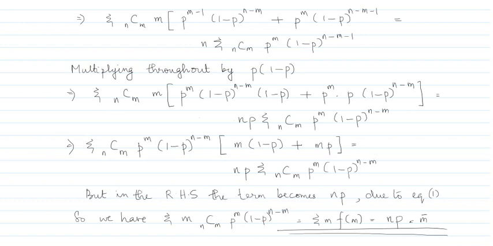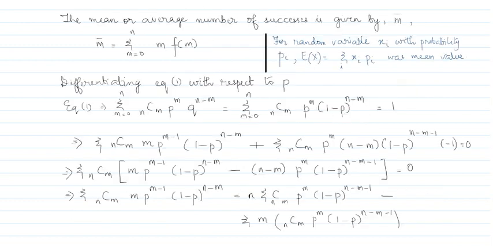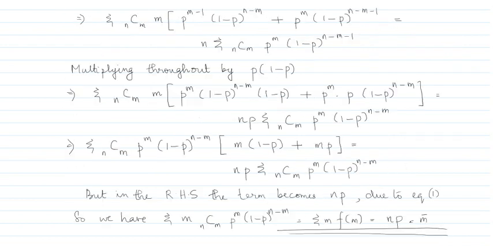So, I write it as m times f(m), and on my RHS I have np. Now, what is this summation m f(m)? Summation m f(m) is nothing but my m bar, or the average number of successes. Okay, so in the case of binomial distribution, average number of successes m bar is nothing but np.